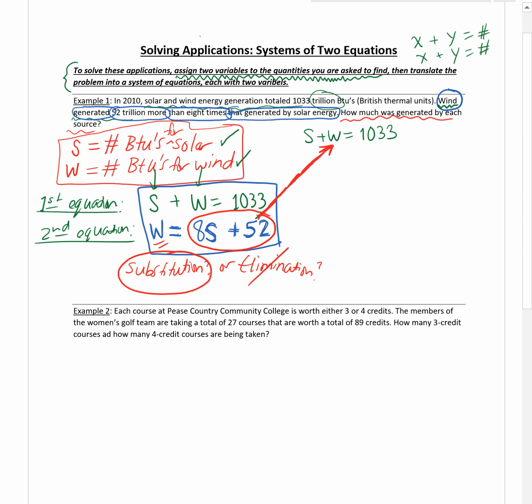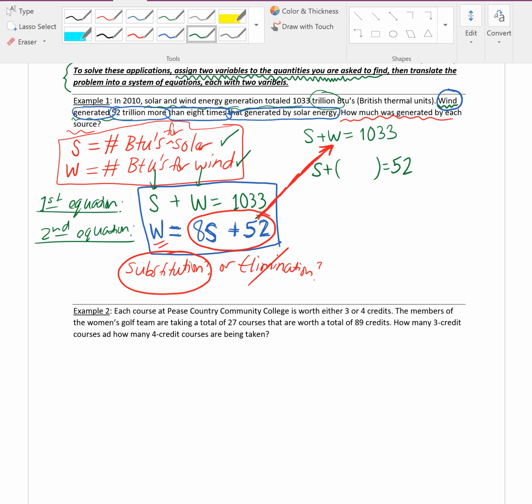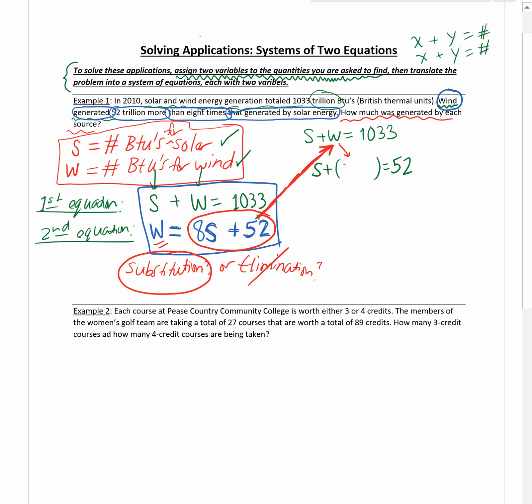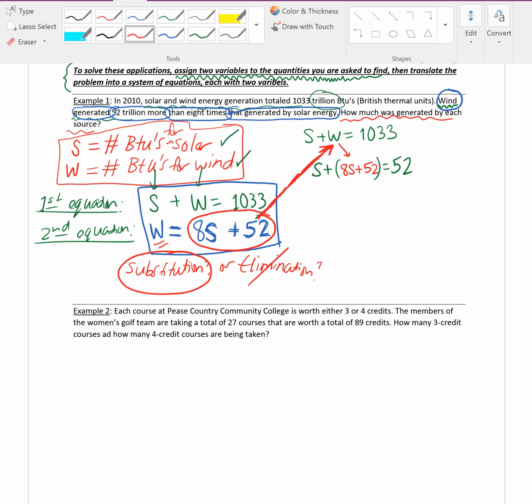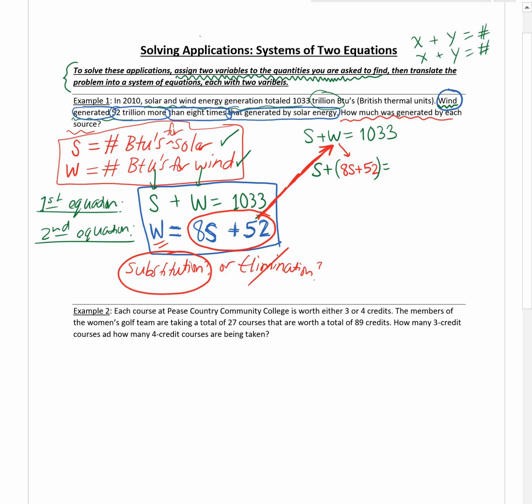It was S plus, but where W was, I'm going to put all that 8S plus 52. So W was equal to 8S plus 52. The only bad thing about S is S looks like a 5, so be careful. Oh, why did I put a 52 on the other side? I'm supposed to just be copying exactly what I saw above, 1033.